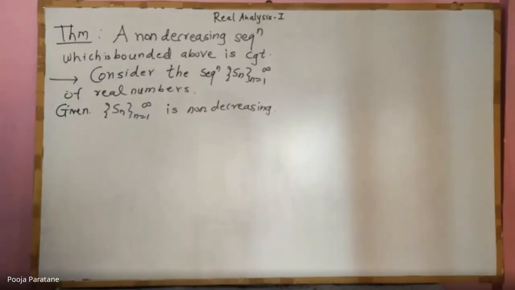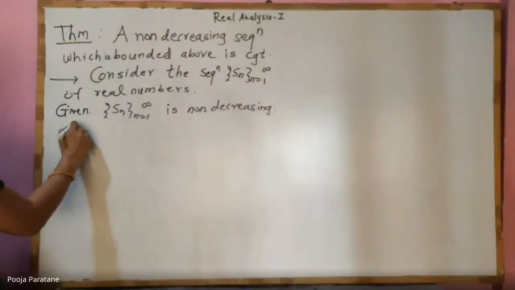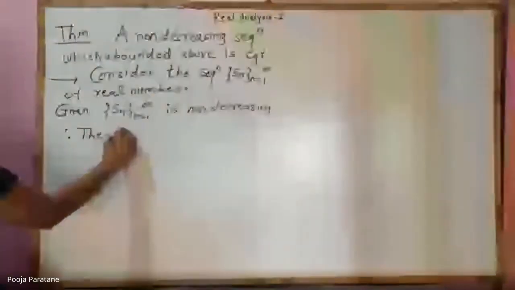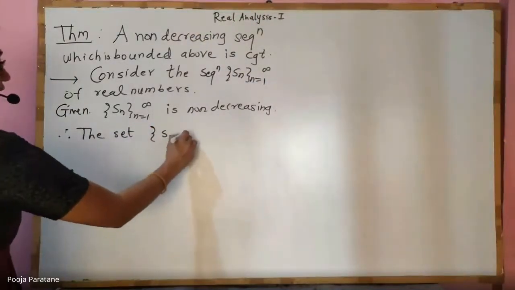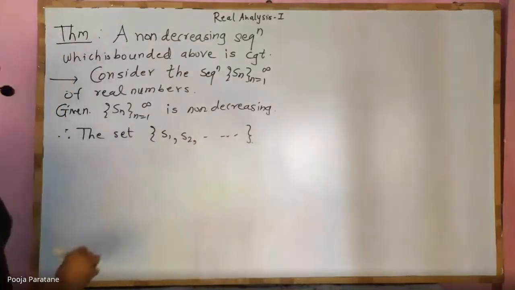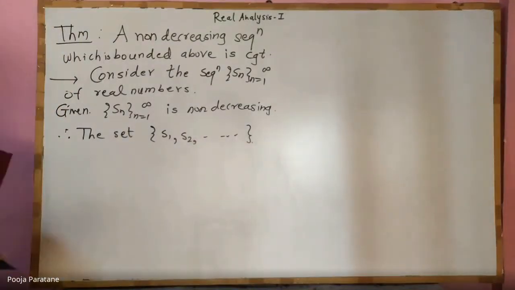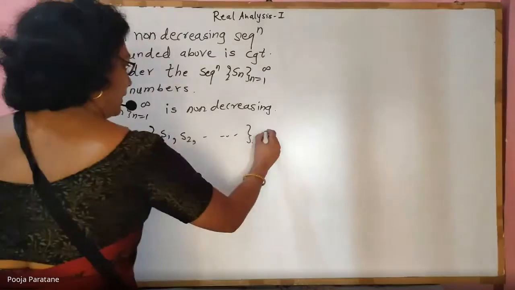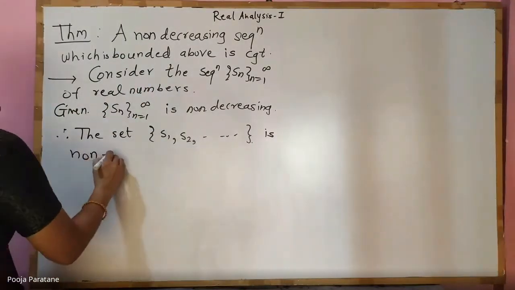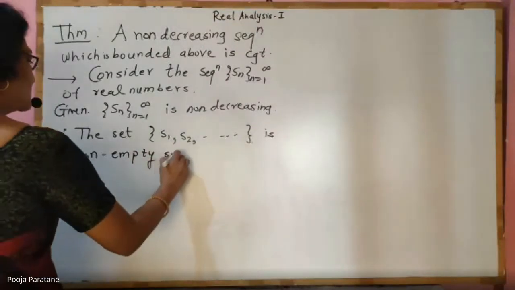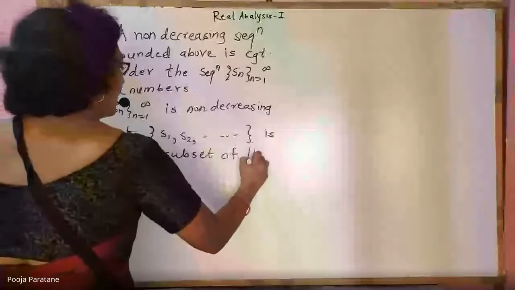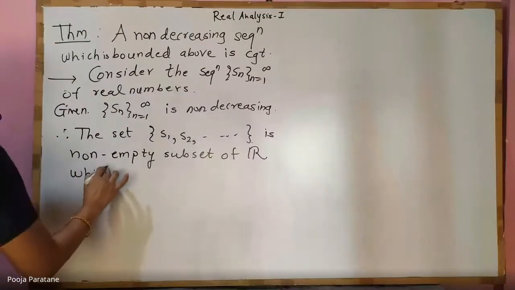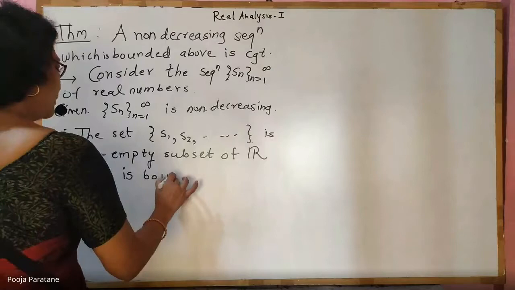As the sequence is non-decreasing, therefore consider the set of all the terms of this sequence, which is a non-empty subset of R and which is bounded above.